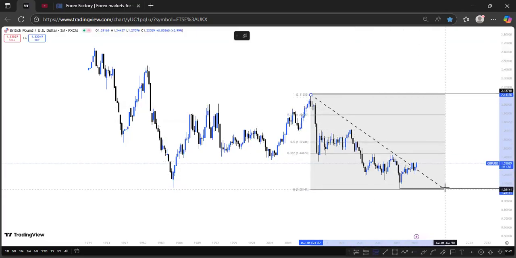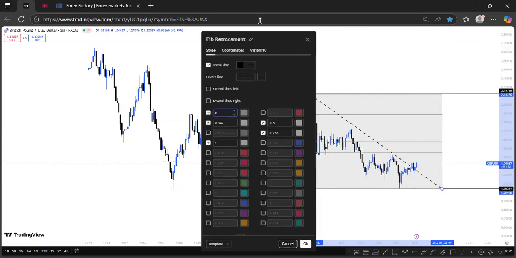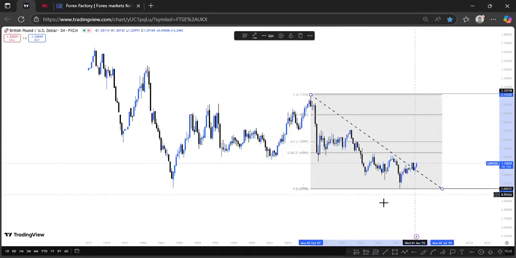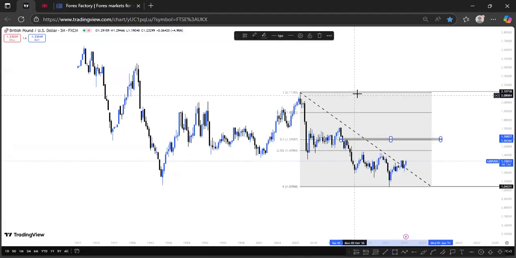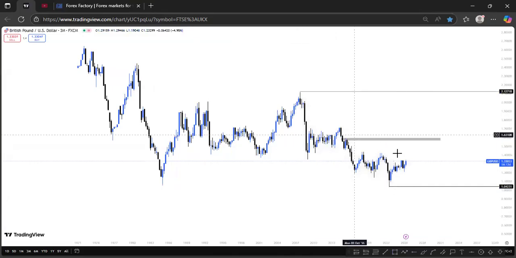The first premium level we are going to mark out from this swing high to the swing low is the 0.5 level, because price can easily react from there. So the 0.5 level of our FIB, we have it at this point here. We are going to be taking note of that point, so we are expecting GBPUSD to buy right up to this point.